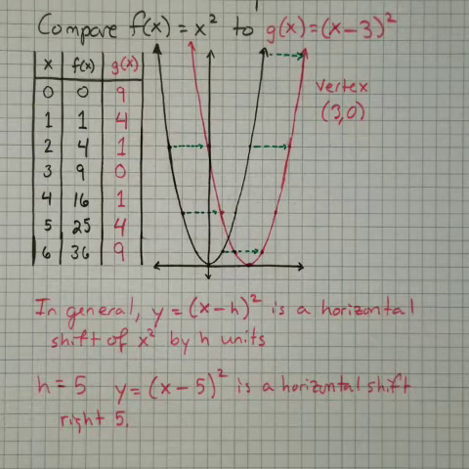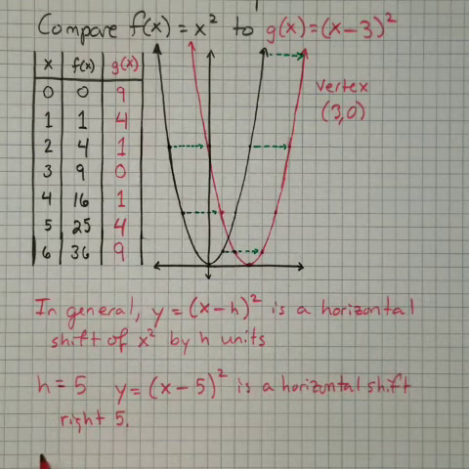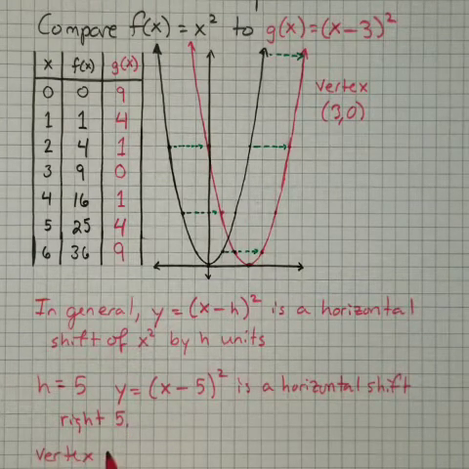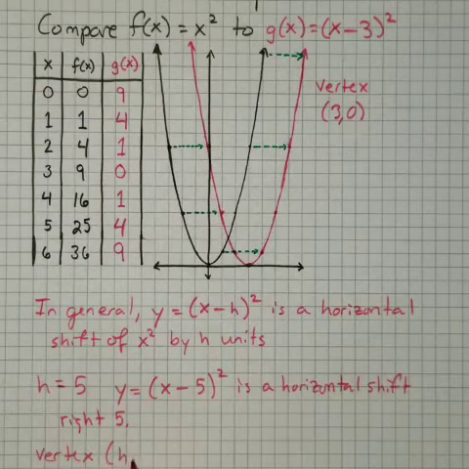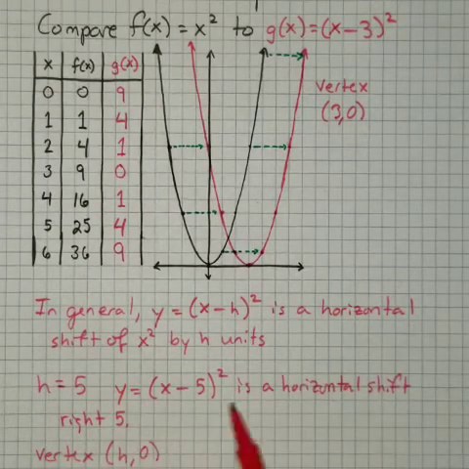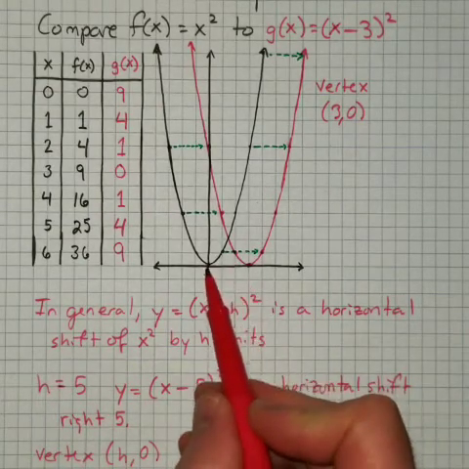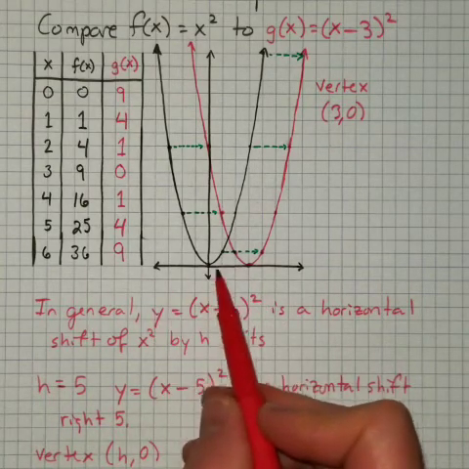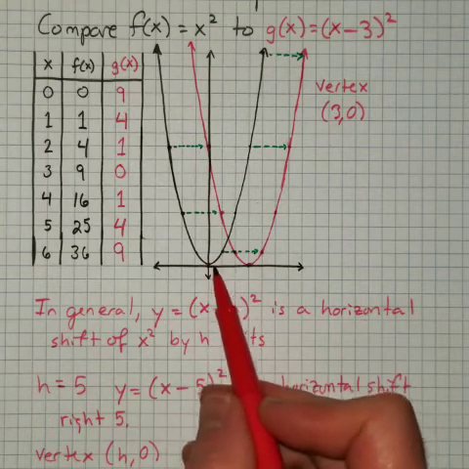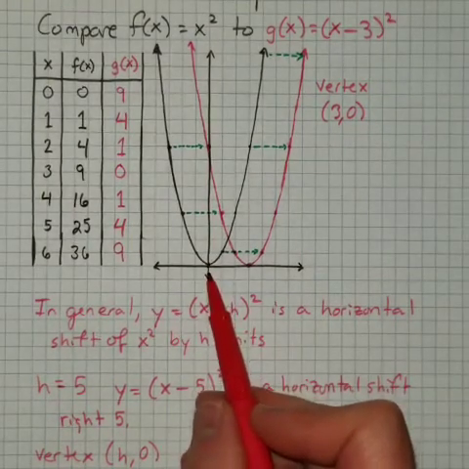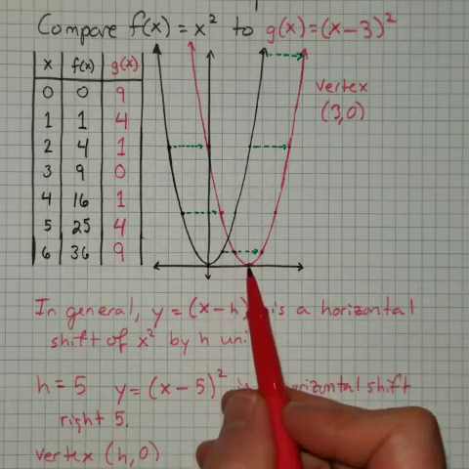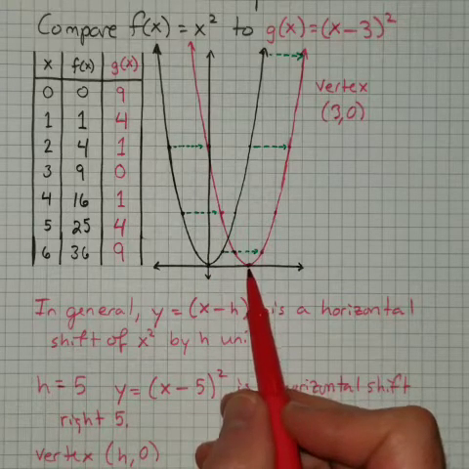A couple other things to keep in mind in general: the vertex is going to be h comma 0, because if you were to shift from 0, 0, right or left, whatever, you're going to have h, 0 as your new vertex.